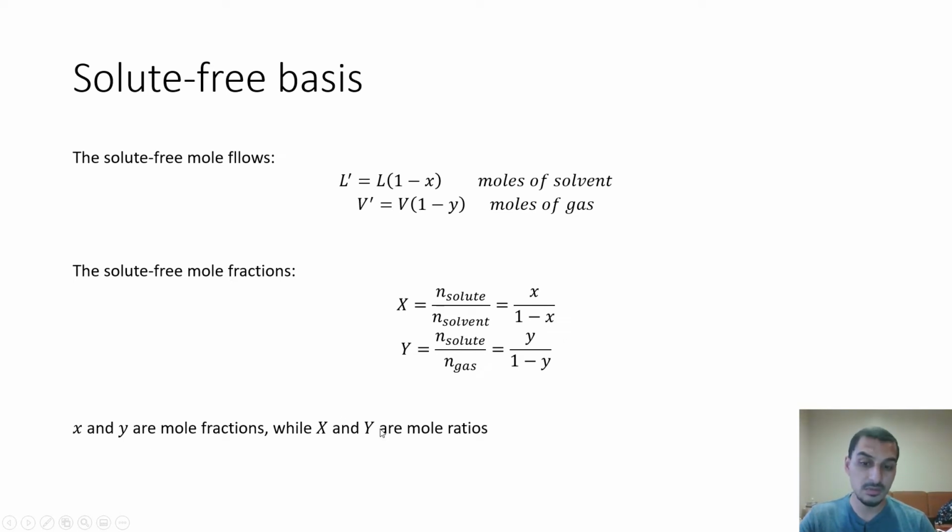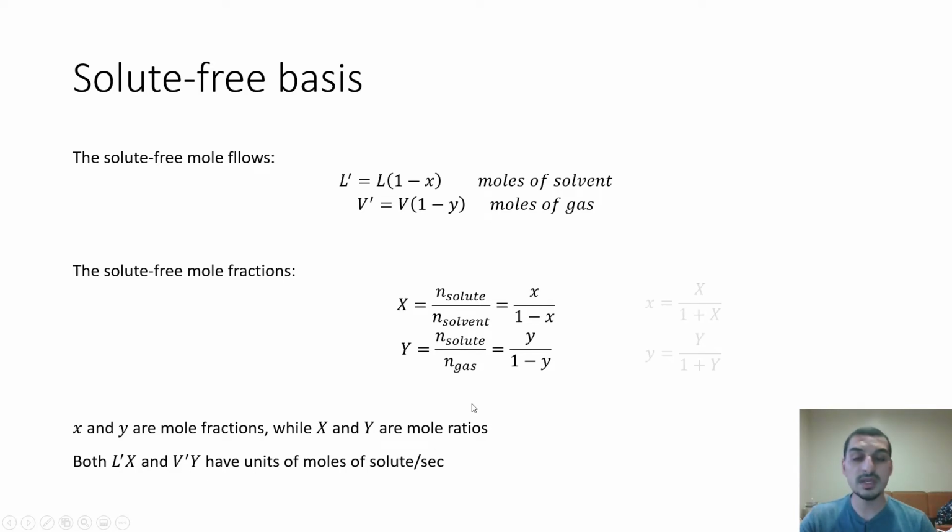The uppercase X and uppercase Y are mole ratios, and the flow rate of the solute can be calculated from these two equations, L dash X and V dash Y. We can calculate the mole fractions from the mole ratios going the other way from this equation: lowercase x equals the uppercase X divided by 1 plus uppercase X. These equations were already discussed before, so I'm not going to go into more detail about them.